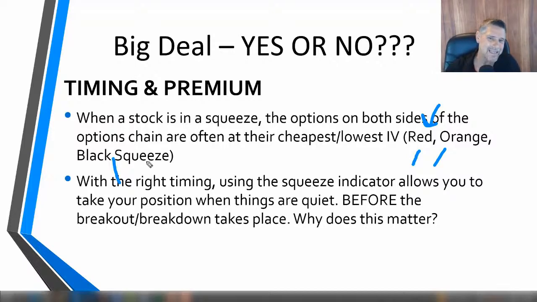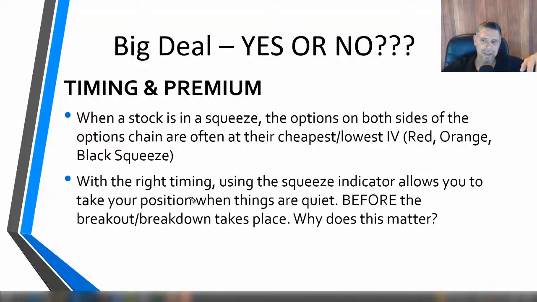Now, I have a black dot. So depending on when the black dot comes, you can do it before or at the end for those of you that know the Squeeze Pro, but the black dot is called that low compression squeeze. Options are still cheap, but they might be a little bit more expensive than the red. So with the right timing, using the squeeze indicator allows you to take your position when things are quiet, before the breakout or breakdown takes place. Why does this matter?